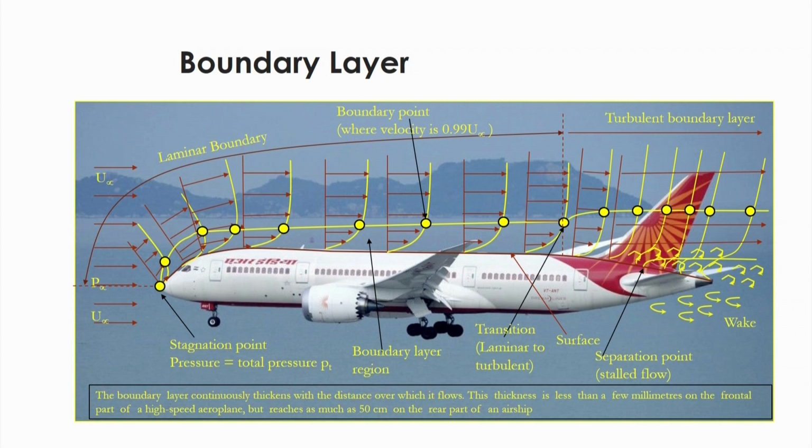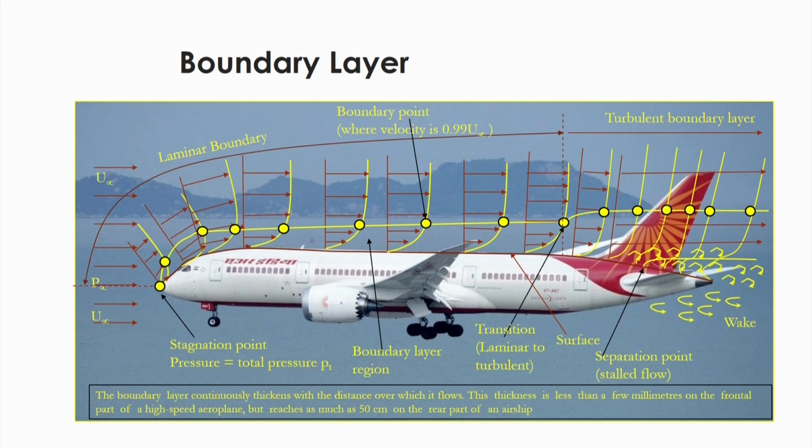The velocity gradient changes based on the normal distance from the surface of the plane, and it changes in such a way that the velocity reaches the free stream velocity, the uniform velocity, denoted by u infinity in this picture.